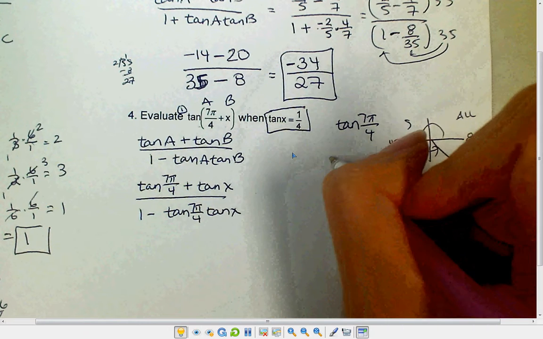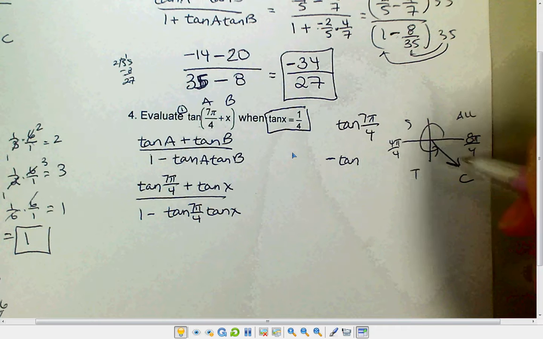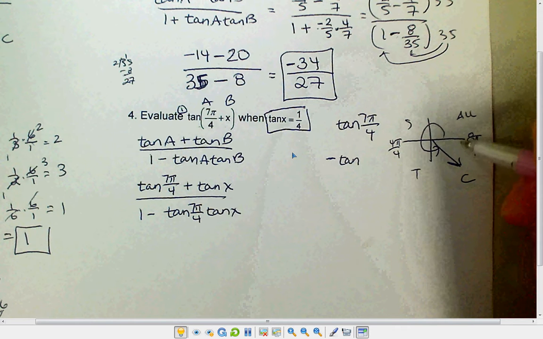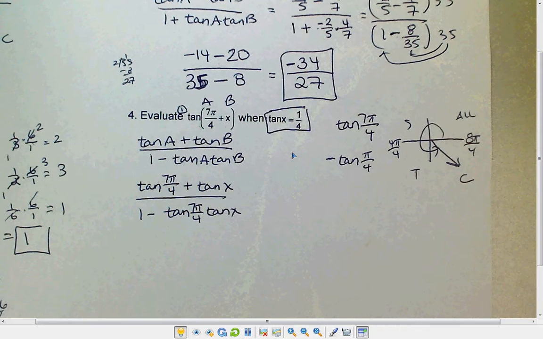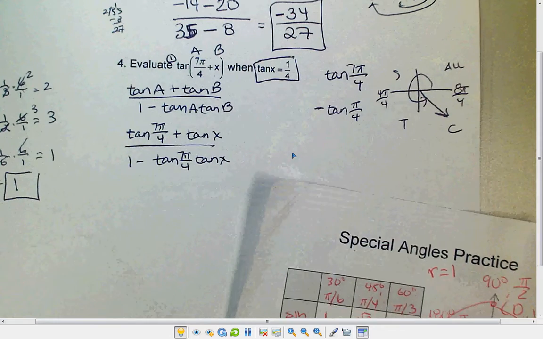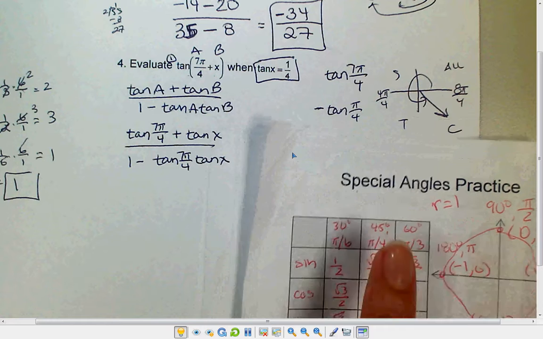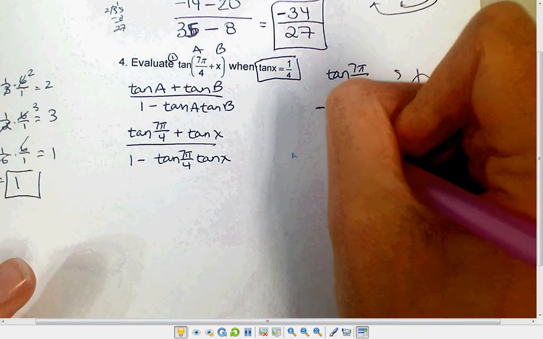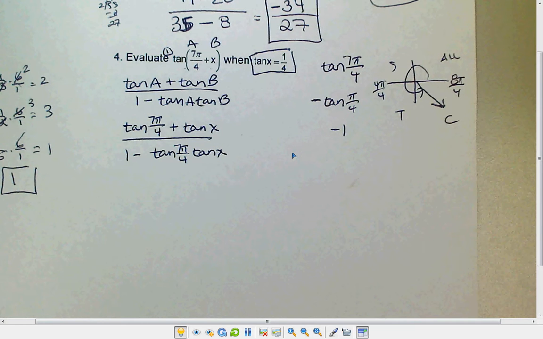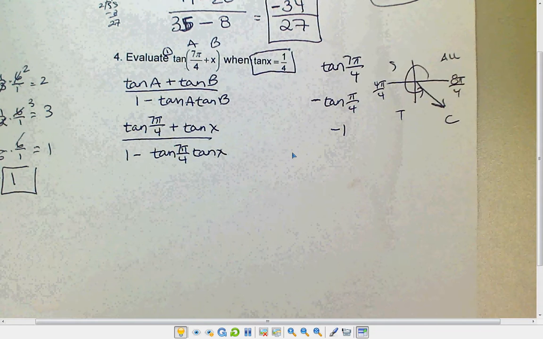Tangent is negative, so this is going to be a negative tangent. And my reference angle, the distance between 8 pi over 4 and 7 pi over 4, is pi over 4. Again, in my chart, I will be looking at tangent of pi over 4, which is 1. So I end up with negative 1 as my tangent of 7 pi over 4.